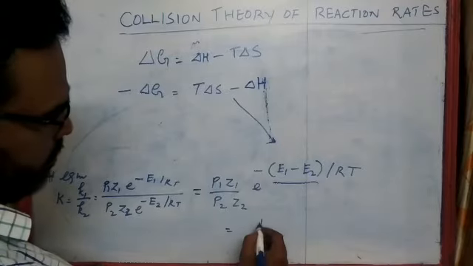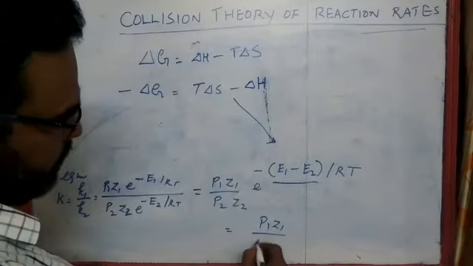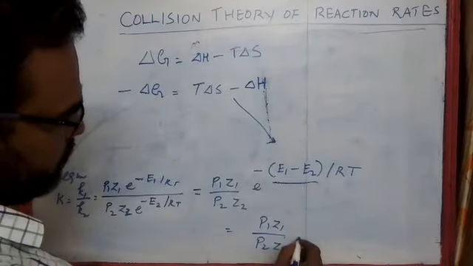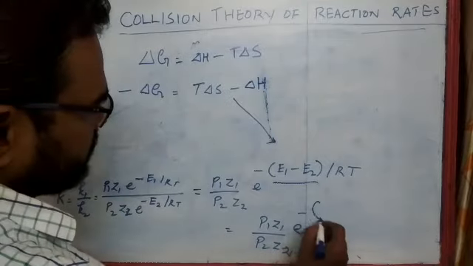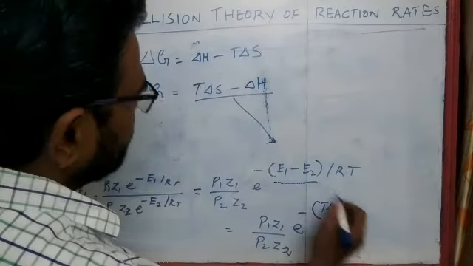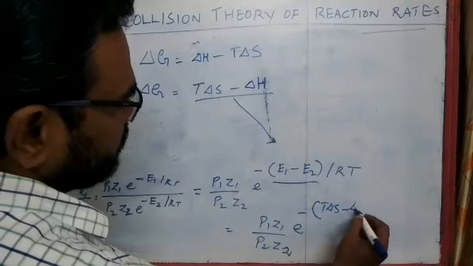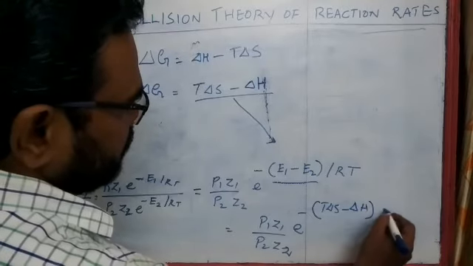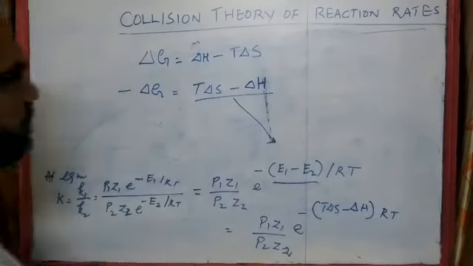The equation becomes P1 Z1 by P2 Z2 e power minus of (T delta S minus delta H) whole divided by RT.